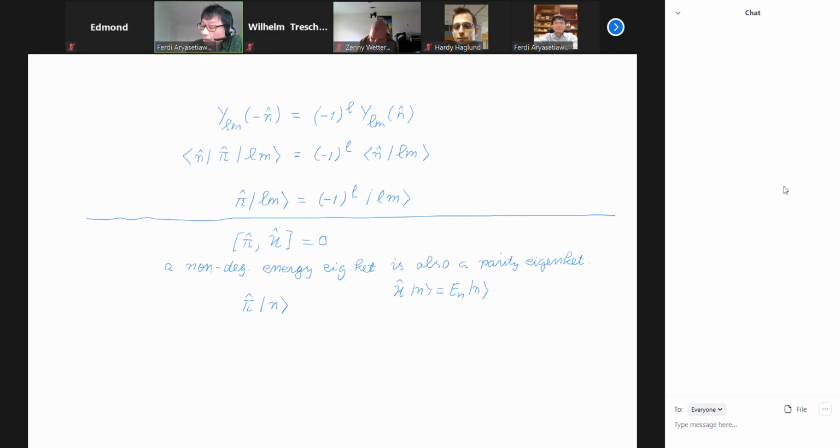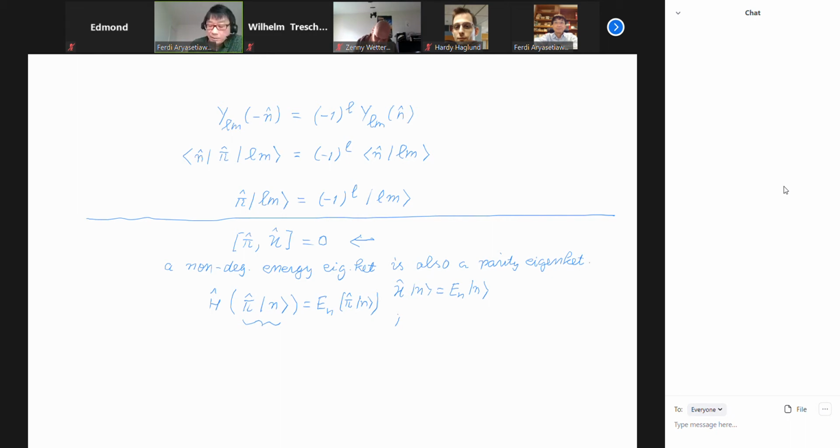So if we look at the state pi|n>, because of this commutativity, it implies that this state is also an eigenstate of H with the same eigenvalue. Okay, so that's just because of the commutativity.